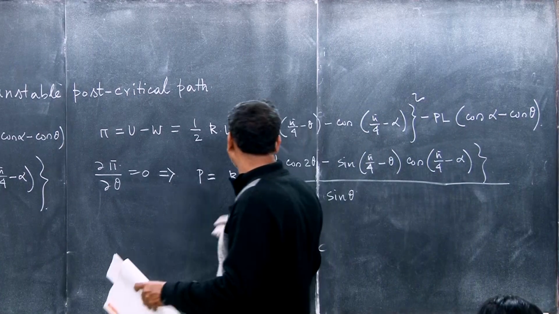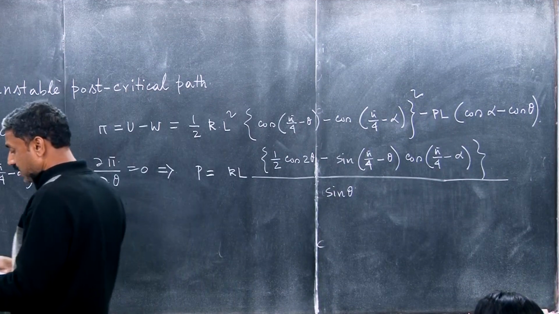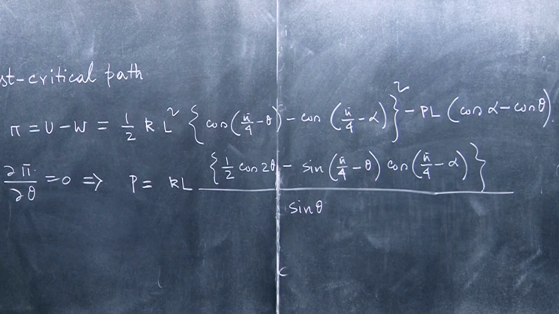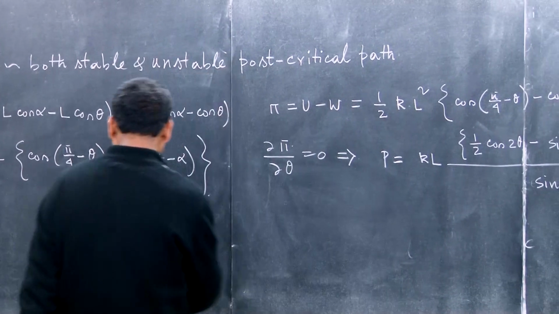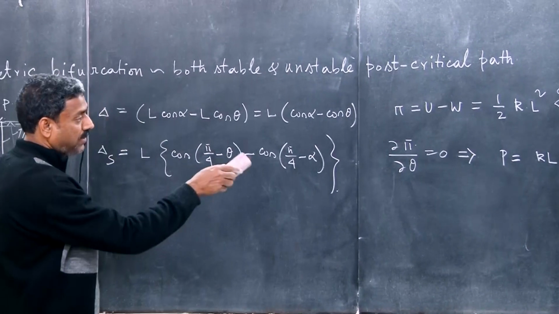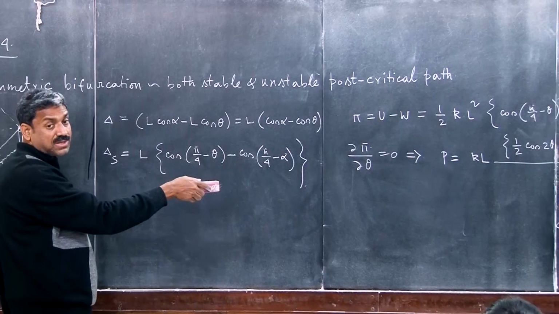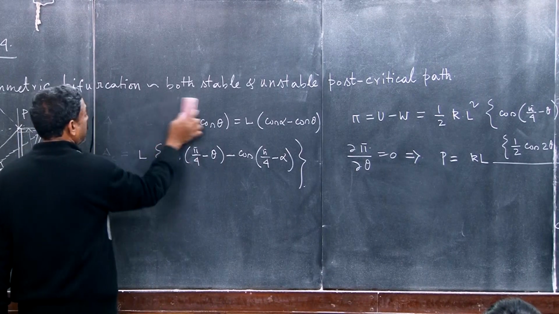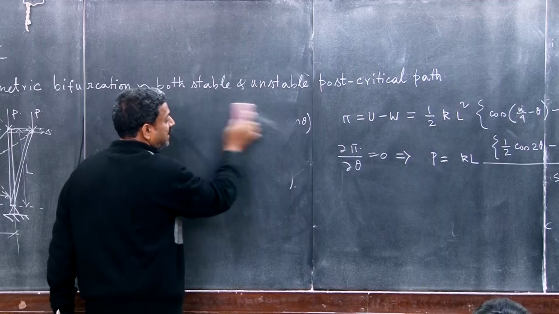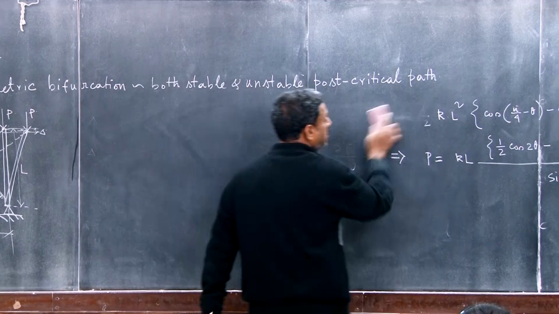This is the equilibrium path. Second, we could have another version of P, okay. So you have noted these things, right? This is a little involved to simplify, but we will do that.